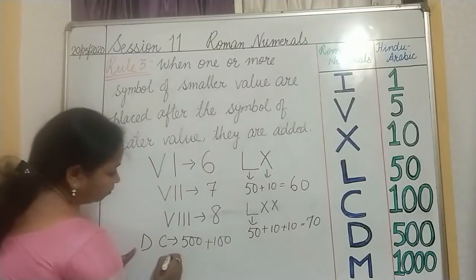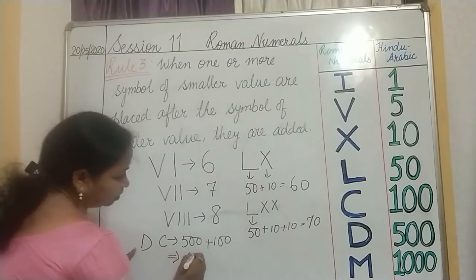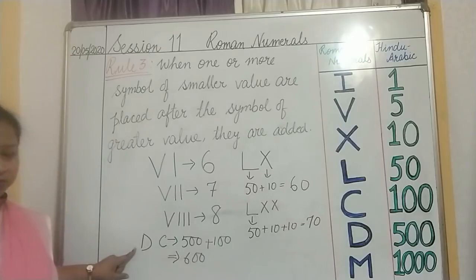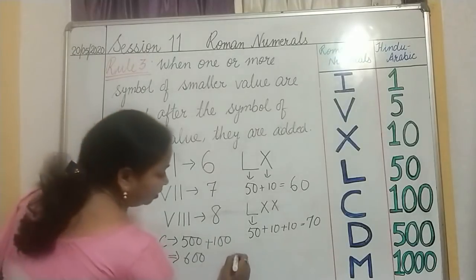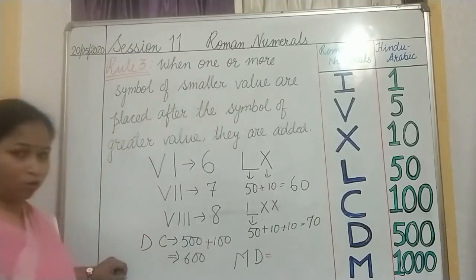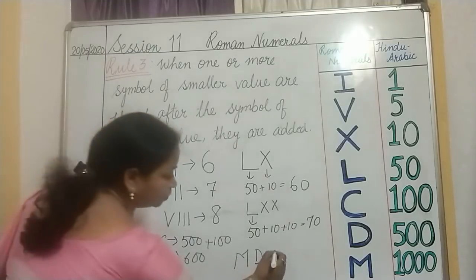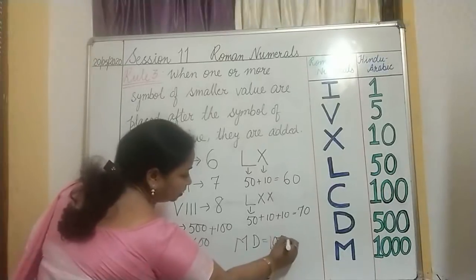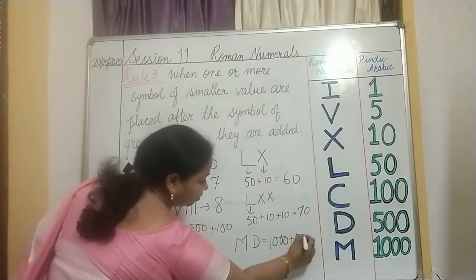So the value will be 600. Easy. Similarly, if you have MD, the value of M is 1000, children, and the value of D is 500.